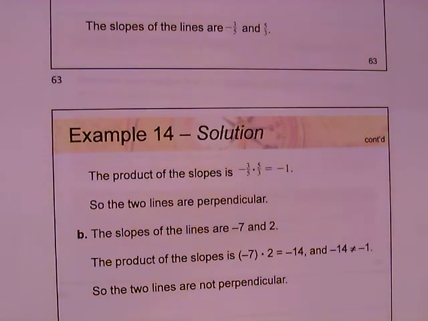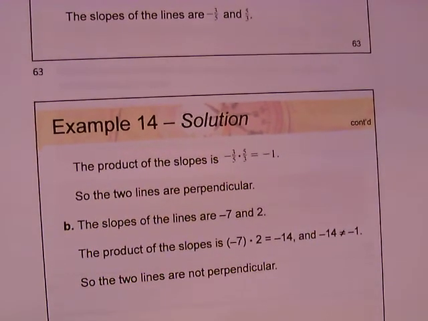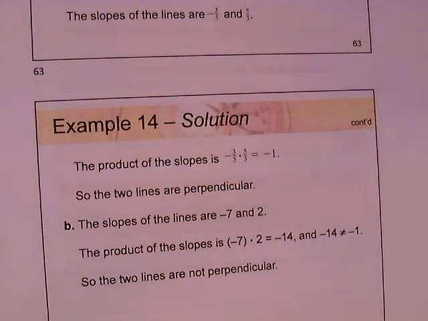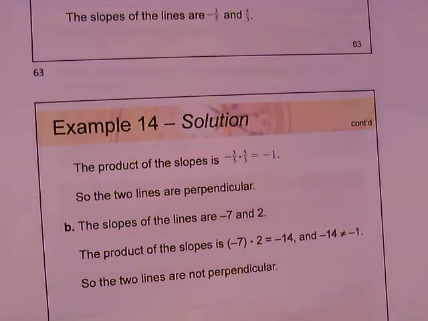And unfortunately, -14 does not equal -1. So that means those two lines are not perpendicular. The product of the two slopes, multiplying the first slope and the second slope, must be equal to -1. Otherwise, they're not perpendicular.